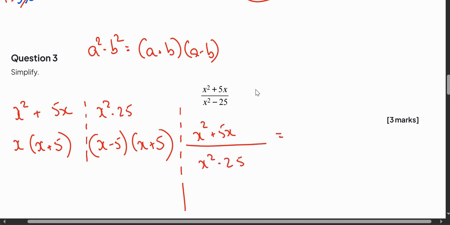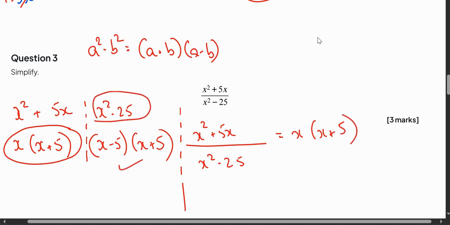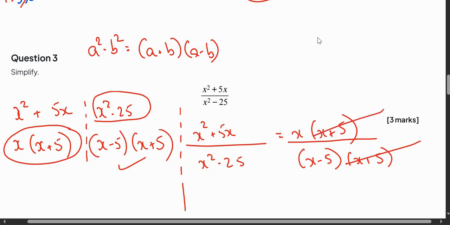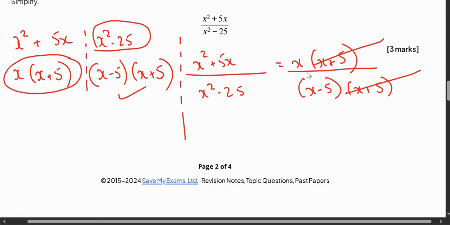Look, x square plus 5x becomes this. So I will write, x bracket x plus 5 and x square minus 25 becomes this. So I will write upon x minus 5 and x plus 5. X plus 5 is cancelled out. So the answer is x upon x minus 5.